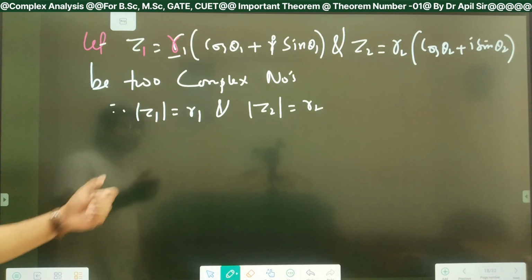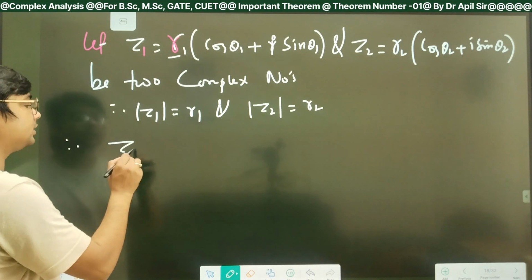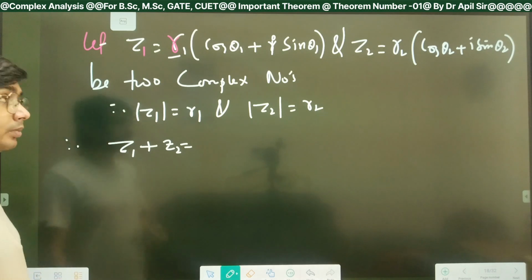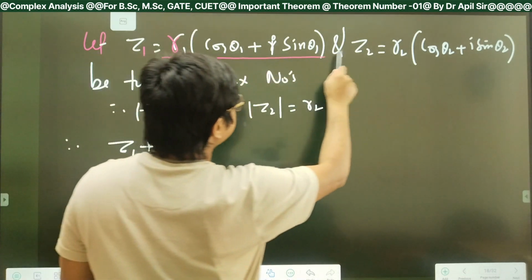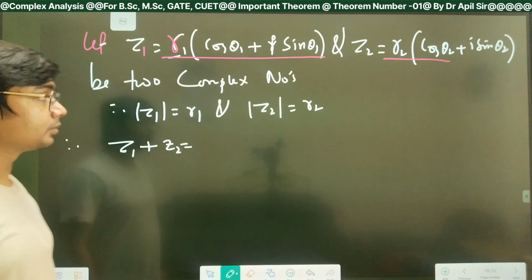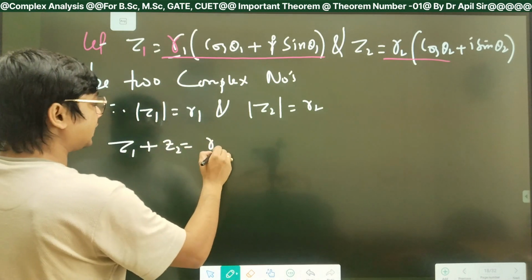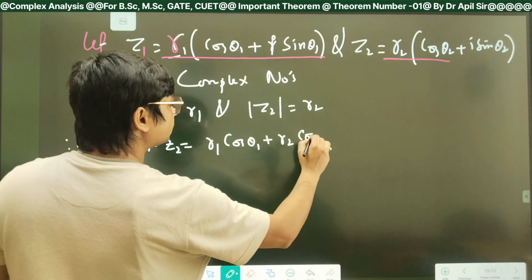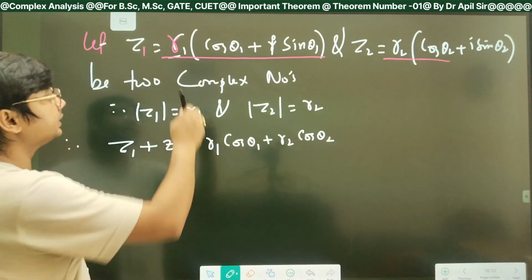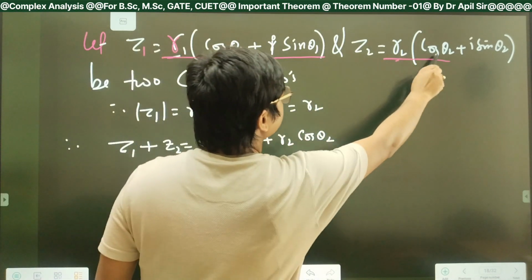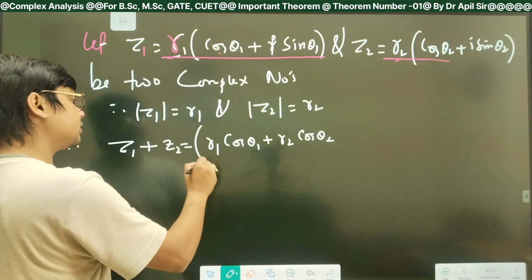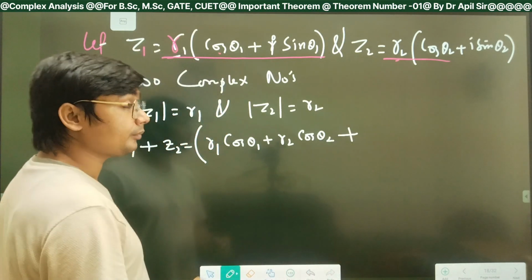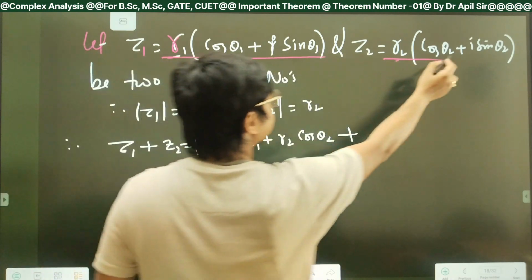Is it okay? Now, what will be Z1 plus Z2, guys? Just try to find Z1 plus Z2 first, by taking the sum of these two complex numbers. I think this will be R1 cos theta 1 plus R2 cos theta 2, these are the real values, plus i. Here i is present, here also i is present.